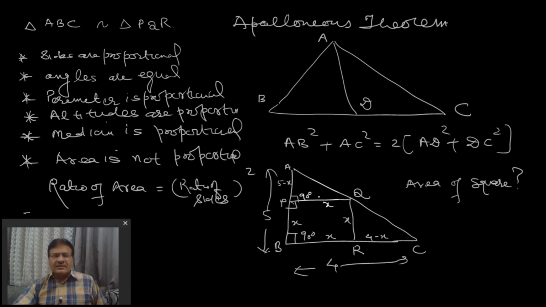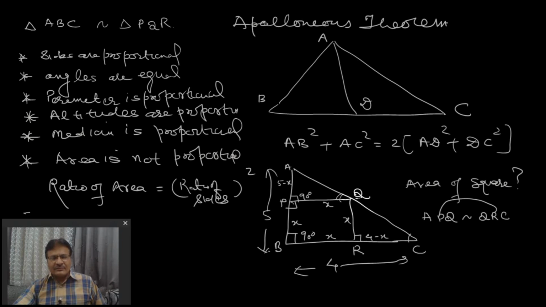Now I am going to compare these two triangles, APQ and QRC. Will you believe these two are similar? I can explain. As this angle is 90 degrees, and here this angle is 90 degrees, angle P is equal to angle R. One more thing, these two lines are parallel, as it is a square, so this angle will be equal to this angle.